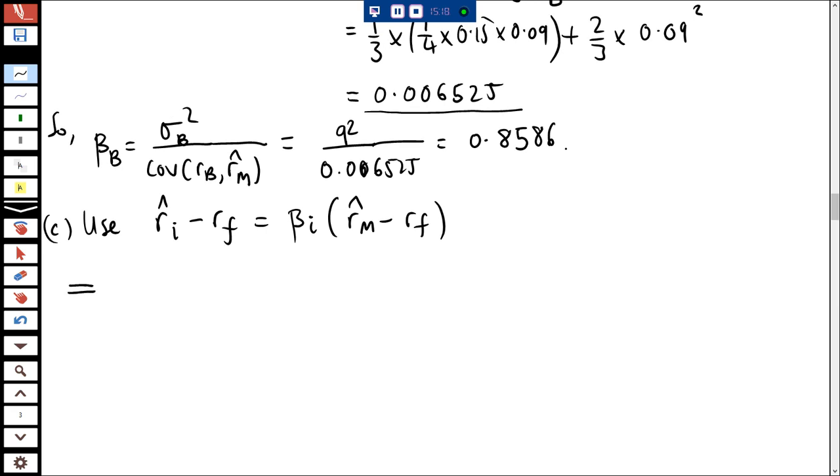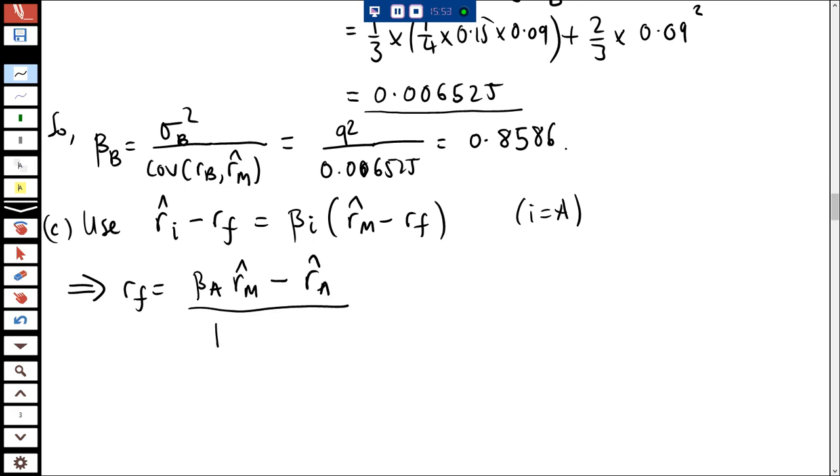Okay, so if we rearrange this for rf, just a bit of playing around. Let's do it. So rf, we need to take them all to the one side. I think I'll use asset A, so I'll drop i equal to A. That will give, I believe, beta A, the market expected return, multiplied together, subtract the return on A, divided by beta A take away 1.